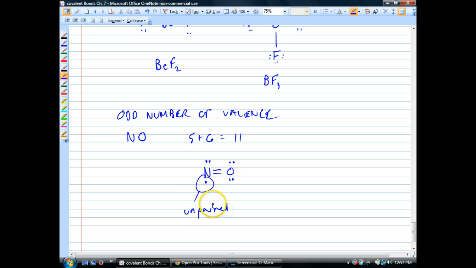And what's going to happen is this is going to be a highly reactive molecule called a radical, or a free radical. It's a free radical. And so it's highly reactive, and they're not very nice to have floating around your bloodstream and stuff like that.